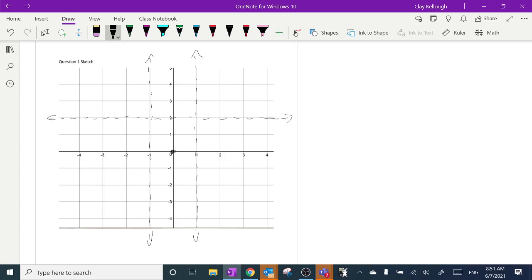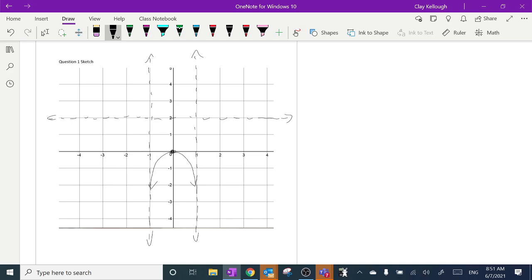We know that as we approach negative 1 from the right, we head to negative infinity. We know that as we approach positive 1 from the left, we head to negative infinity. We know that that's the only local maximum we have. Everything else is concave up in this picture. The only concave down was between those 2 points.